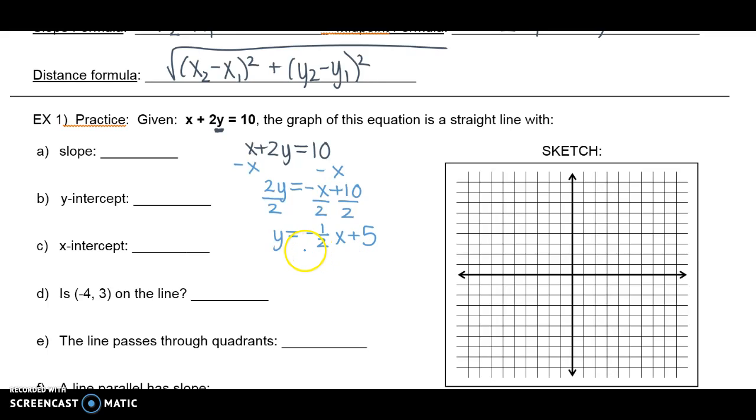In this case, because m is just that value attached to x, that's going to be our slope. Our slope is negative 1/2. Our y-intercept is just that number that's added or subtracted onto the x value. We want to write our y-intercept as 0, comma, a number.